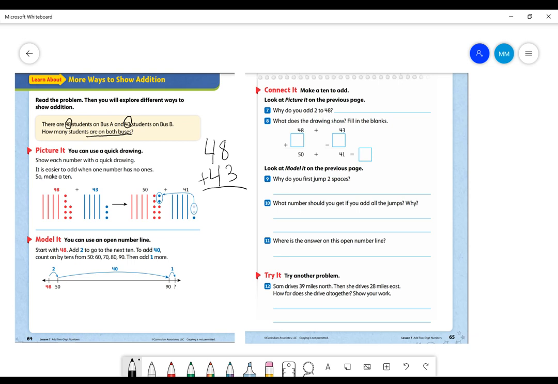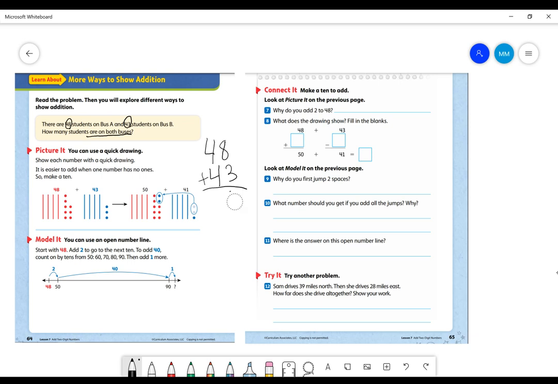Well, 8 plus 3, let's pound and count that. 8, 9, 10, 11. I cannot have 11 in the ones place, right? So what we can do with our picture is we can take our ones, 2 ones from 43, and move it to make 5 tens with our first part.